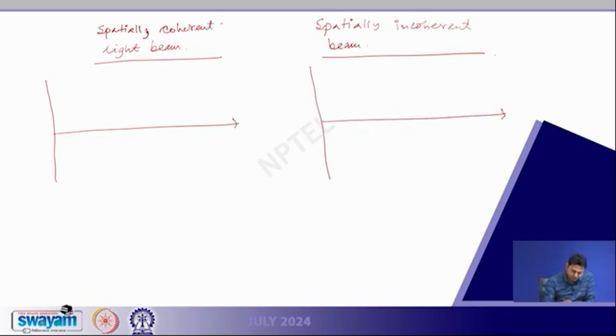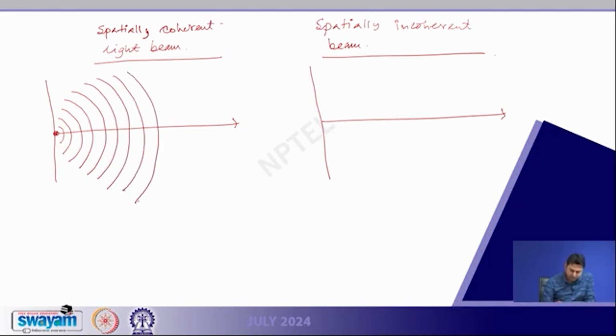We have a point source here and the light will propagate like this. In all space points we have a well maintained phase relationship. So this is the way the light will propagate when we have a spatially coherent light beam. However, for a spatially incoherent light beam, this is Z and this is X.